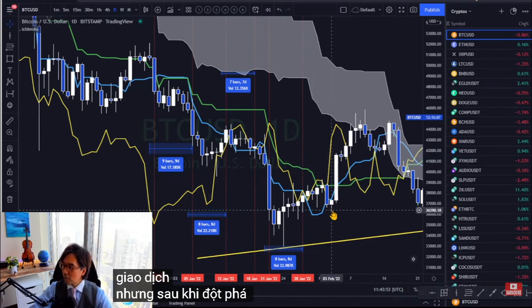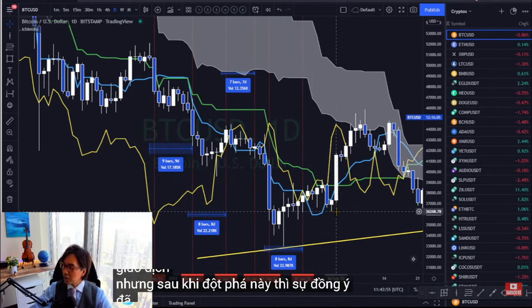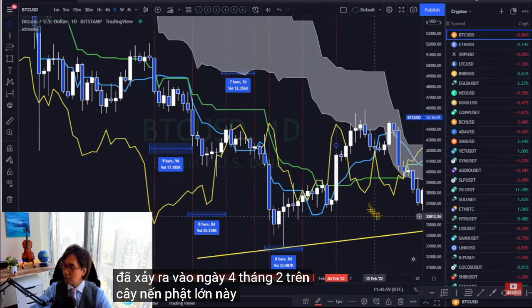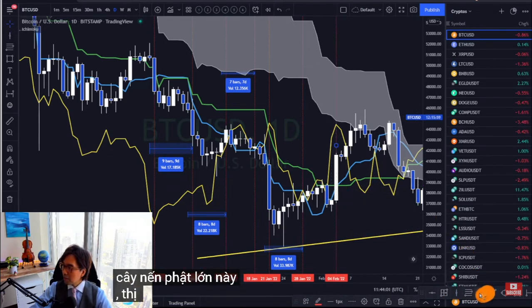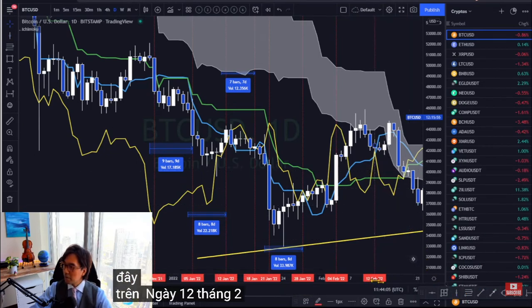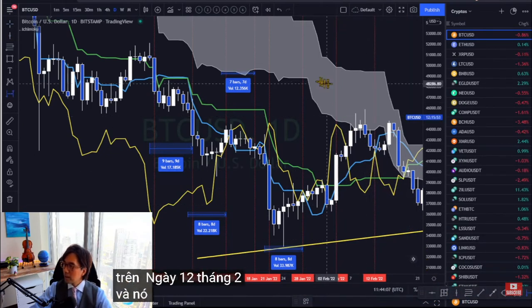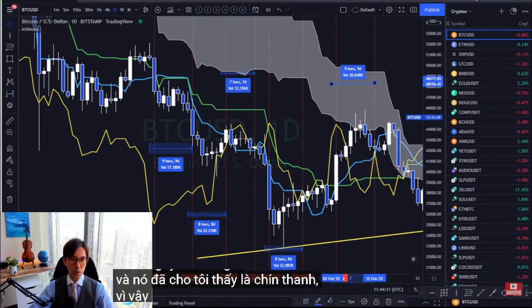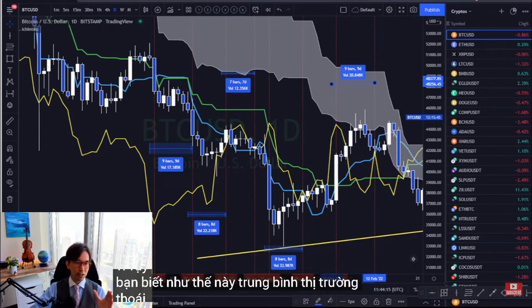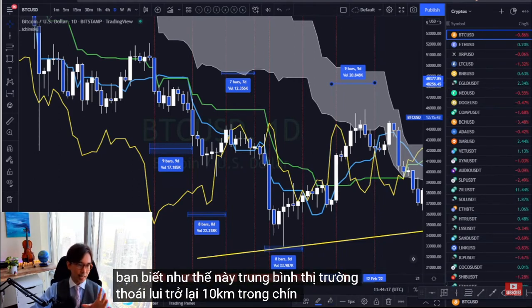But after this breakout of Tenkan-sen, which happened on the 4th of February on this big bullish candle, the market retraced back to Tenkan-sen here on the 12th of February. And it was 9 bars. So on average, the market retraces back to Tenkan-sen in 9 candles.